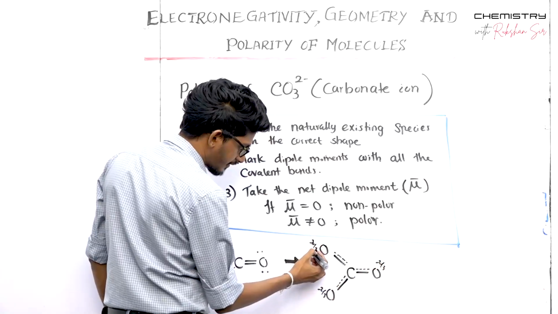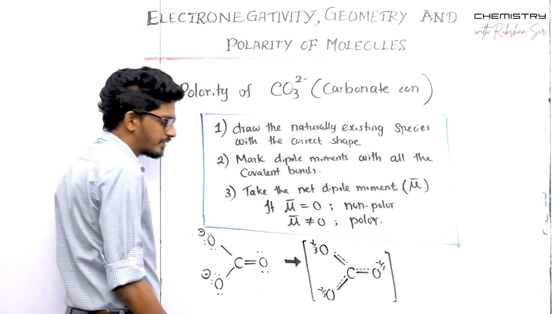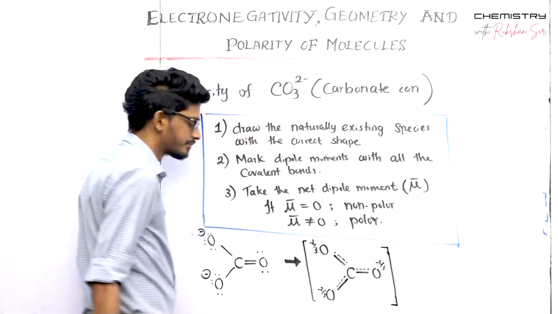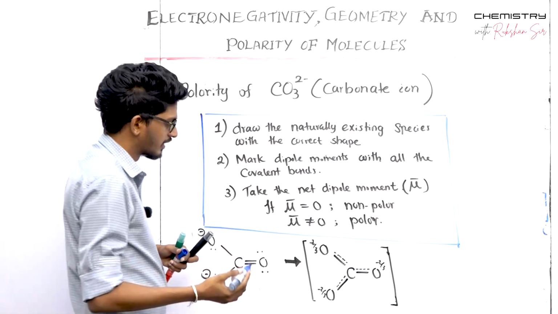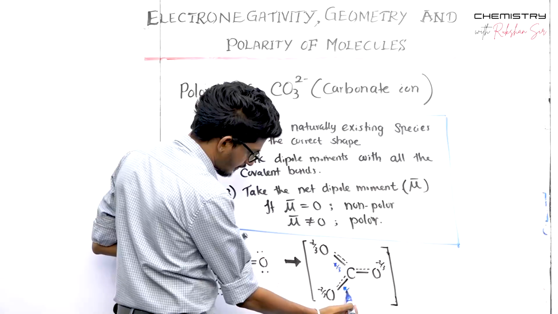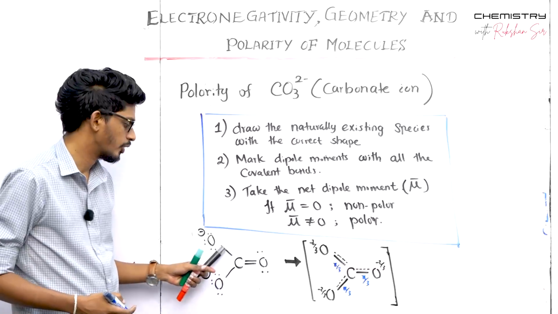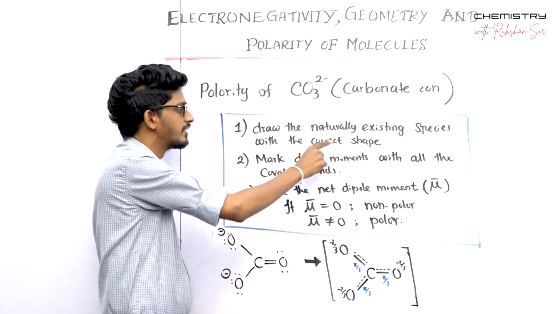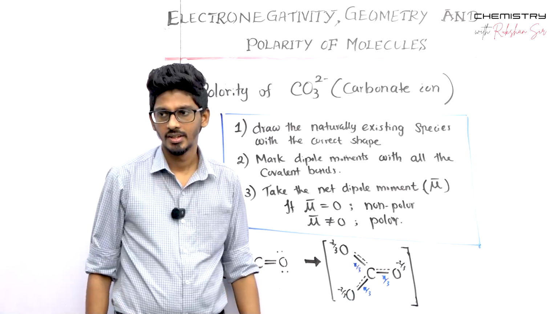Existing carbonate is given by a resonance hybrid, so you are with a bond order of 1.33, a pi bond delocalizing in 3 places. The first thing is done: draw the naturally existing species with the correct shape.